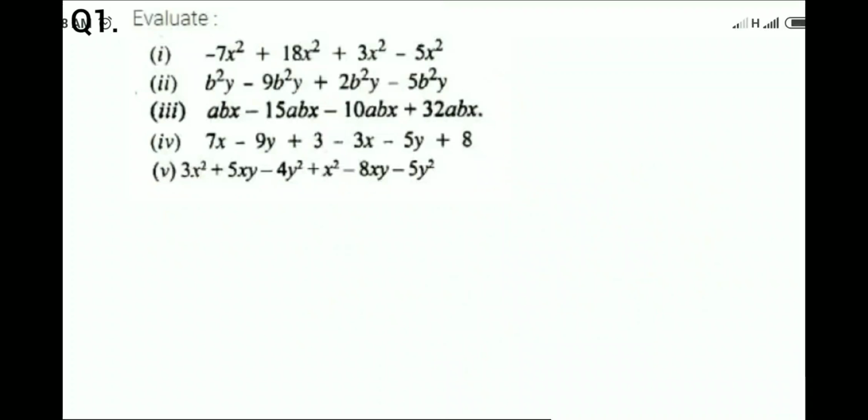Next question: we do the similar arrangement in this second question, as in all these questions.